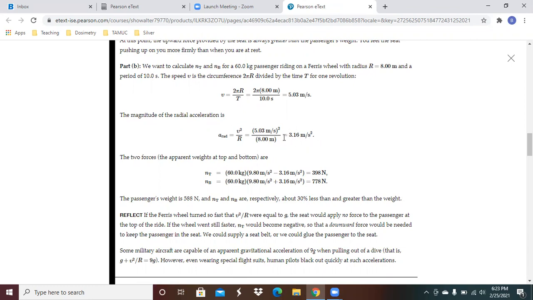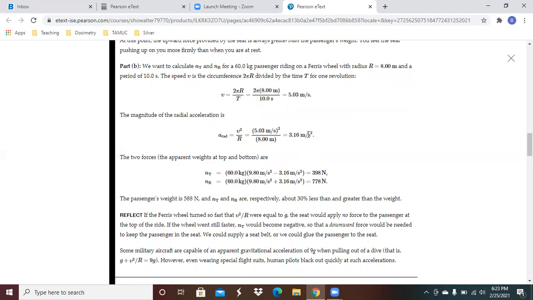And so this is what it ends up being. The two forces at the top and the bottom are going to be your mass in each case, which isn't changing. And then we need to find the acceleration. Now, we know what the gravitational acceleration is.